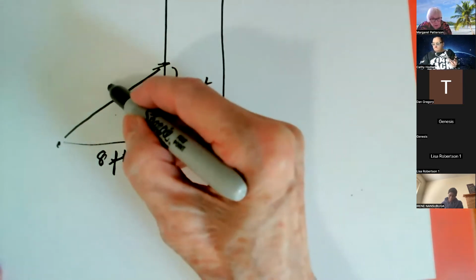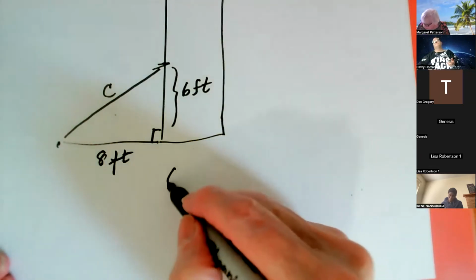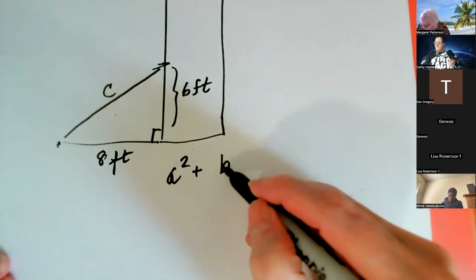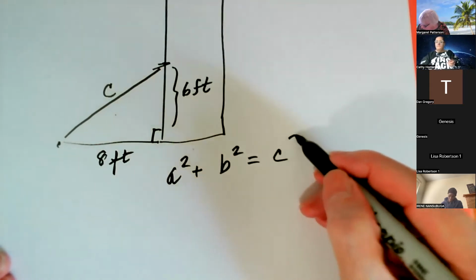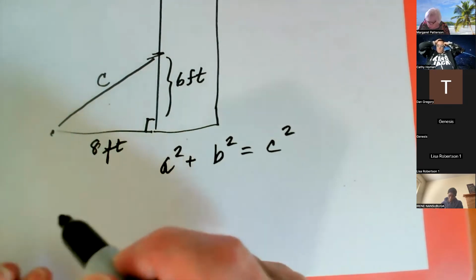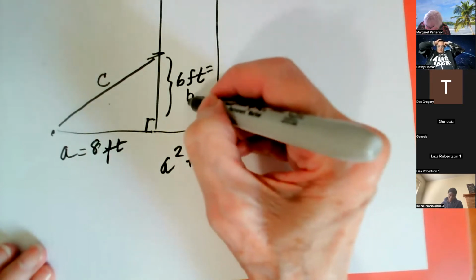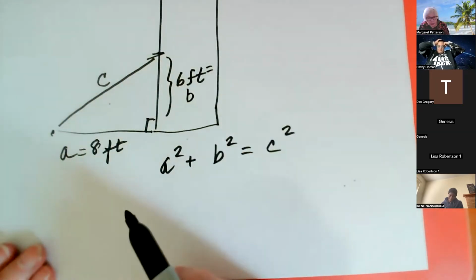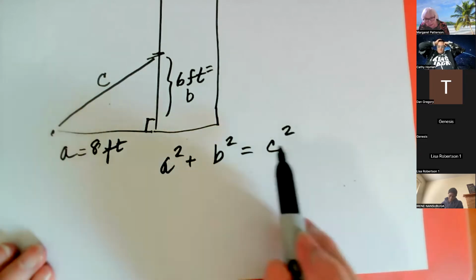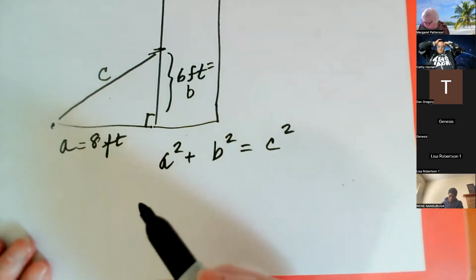This is the longest side, which if we keep those 3 letters, would be C. So A squared plus B squared equals C squared. I have no idea how this is going to turn out, but let's find out. I could call either one of these A and B, the 6 and the 8, but the C has to be singled out on a separate side, and that's what we're looking for.